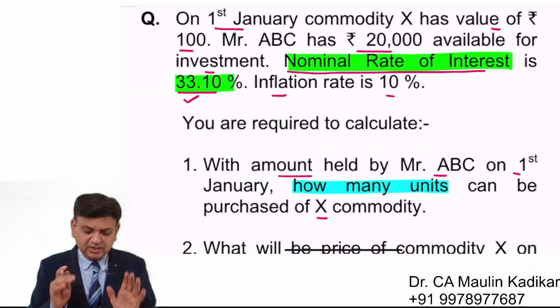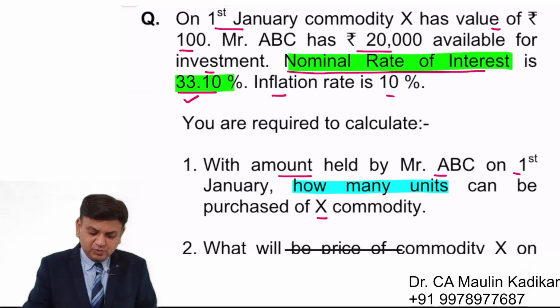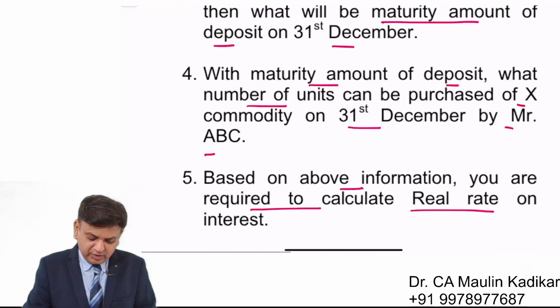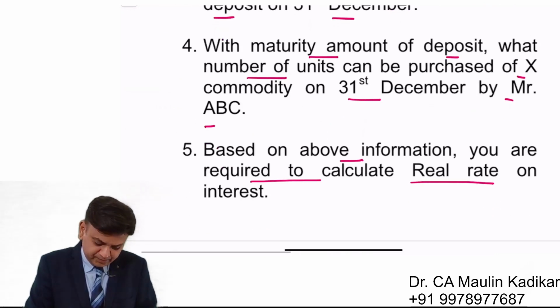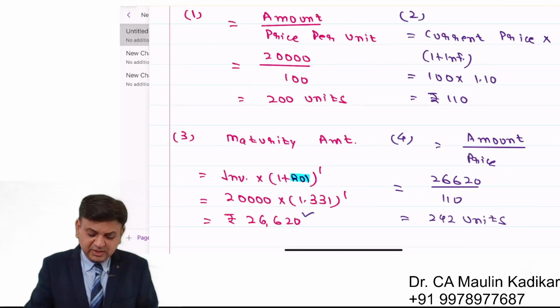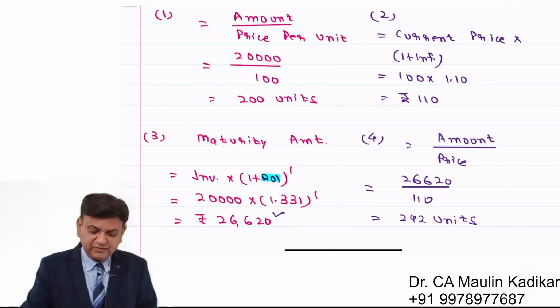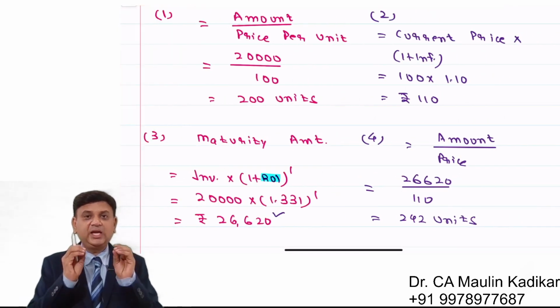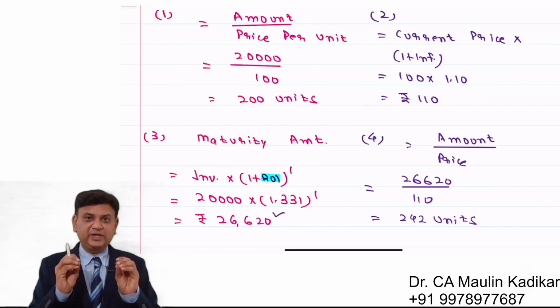Now basically the fifth part of the question is most important, for which we are doing this question in the classroom. The question says that based on above information, you are required to calculate the real rate of interest. Now what do we understand with the term real rate of interest? The term real rate of interest stands for the increase in the purchasing power of the funds.